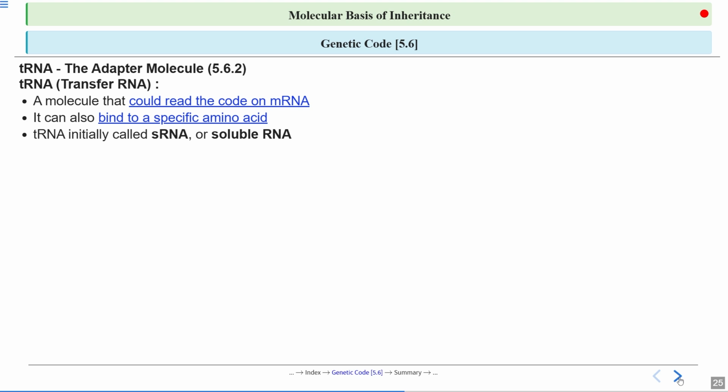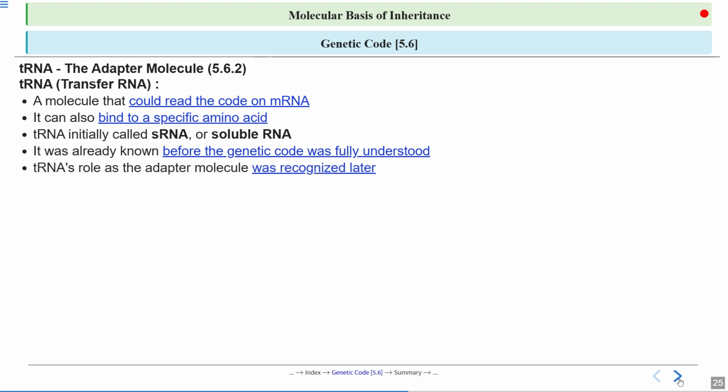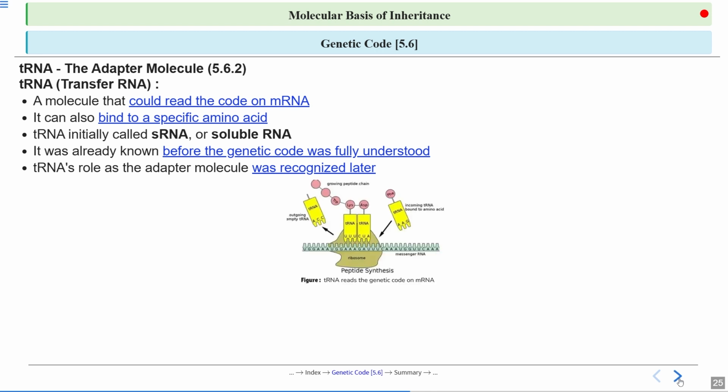Okay. tRNA, initially called sRNA or soluble RNA, was already known before the genetic code was fully understood. tRNA's role as the adapter molecule was later recognized. So what are they saying in this slide? Francis Crick said that there is some adapter molecule which has two functions.